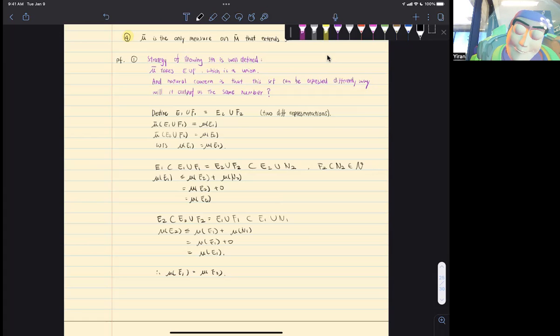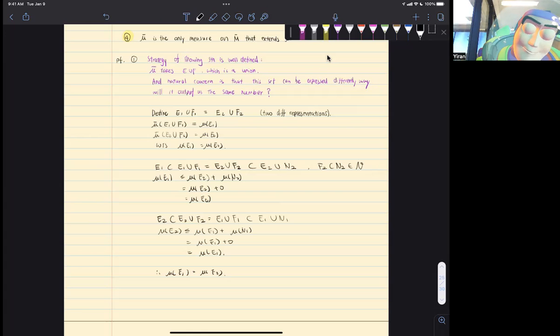So mu bar of B is equal to mu bar of empty set union B, which is equal to mu of empty set, which is equal to 0. Okay. Therefore, we are done with our proof that mu bar is a complete measure.